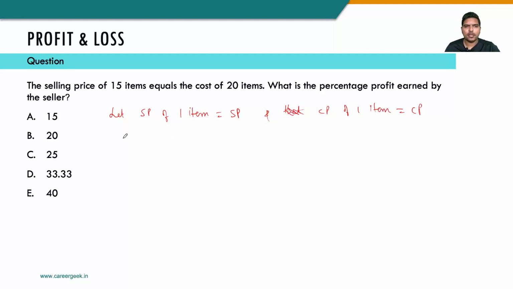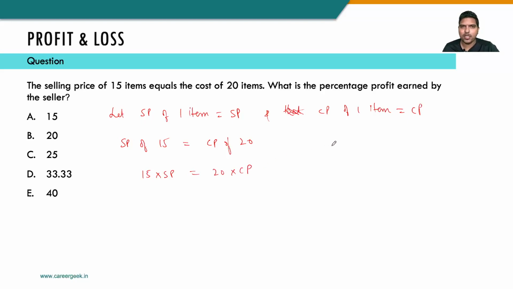So they're saying the SP of 15 items is the same as the CP of 20 items. So we know SP of one item is SP, so 15 items is 15 times SP. And cost price of one item is CP, so 20 such items is 20 times CP.